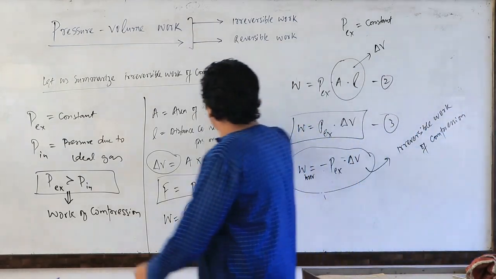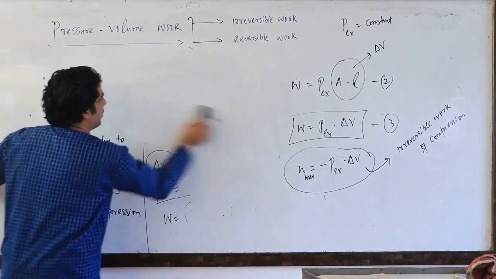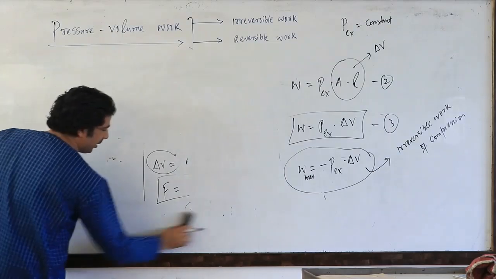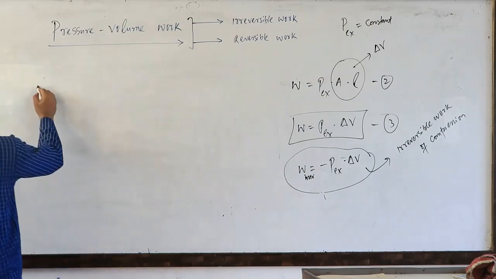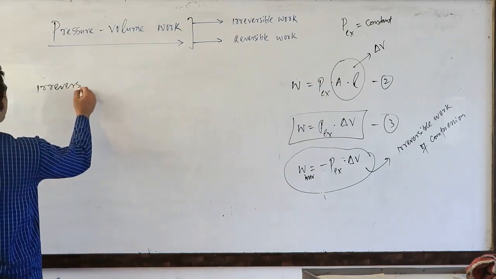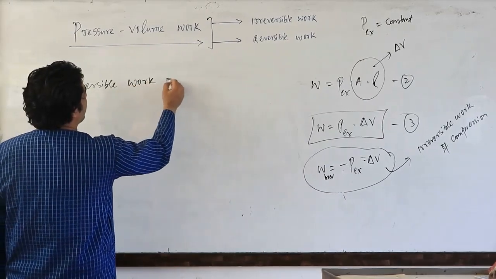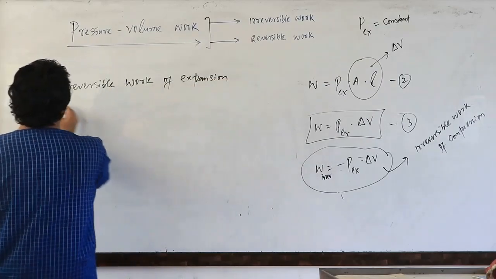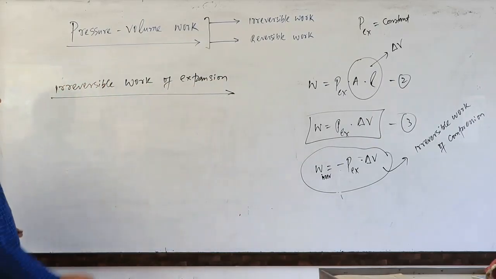Now let us talk about the irreversible work of expansion. That means if expansion of gas happens, the work has to be negative. The term will be very easy here: same situation but in opposite direction.